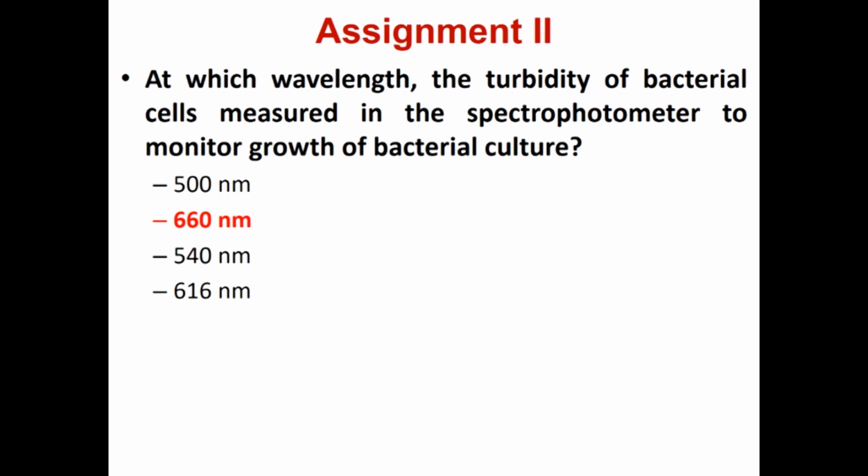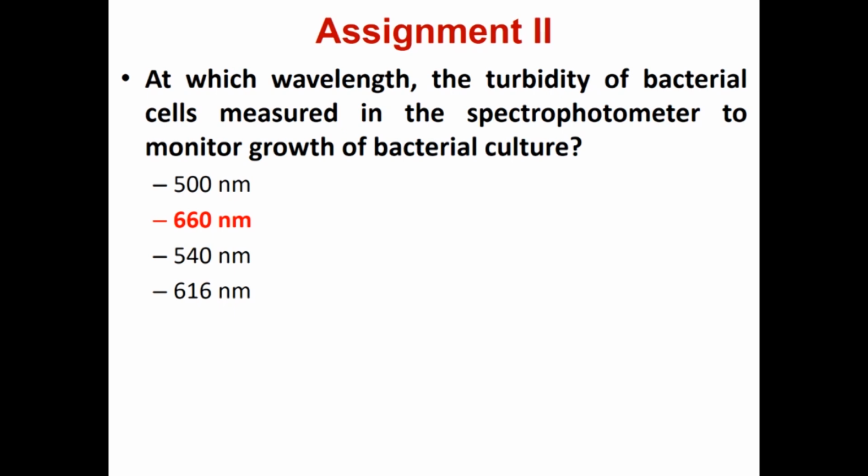So the bacteria are going to scatter the light, and because they scatter the light, that light will not reach the detector. As a result there will be some loss of light, and that you can measure.